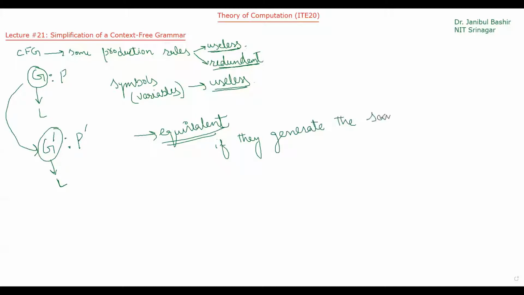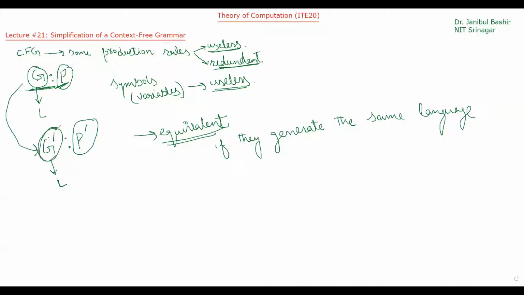So what I am saying in the simplification of a context-free grammar, if we have a context-free grammar, from this context-free grammar, we want to generate a new grammar by removing the useless, redundant, and other symbols from these production rules to generate a new set of production rules. However, the language generated by these two grammars should be the same.